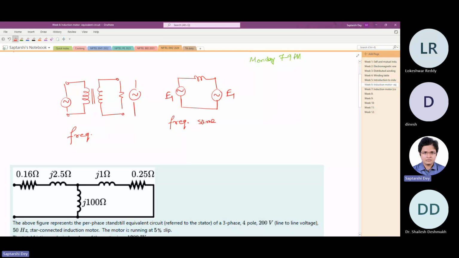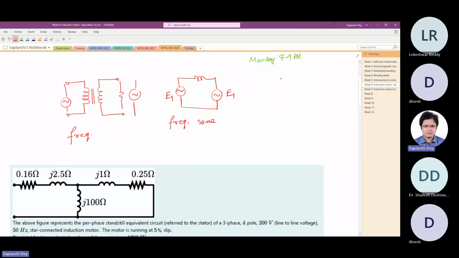See, last day we discussed something about electric machine. That is, if you look at the magnetic fields of the stator and the rotor from a given reference frame, that can be anything.